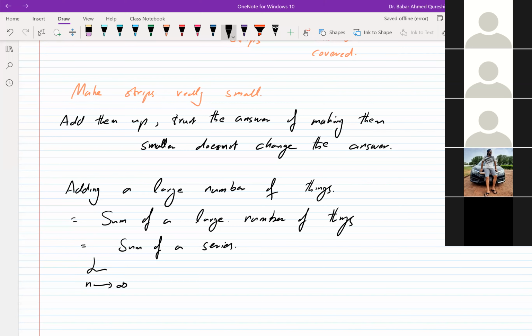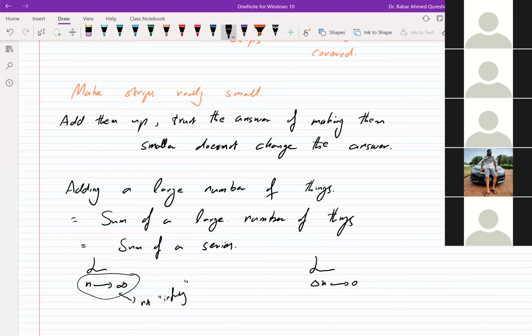This looks like a different limit from what we were considering before, where we had some quantity becoming very small. Here we have some number becoming very, very large. Do not think of it as infinity, some weird thing. This symbol has a particular meaning. It just means when you have a very large number of things. So in differential calculus, you are concerned with these limits.